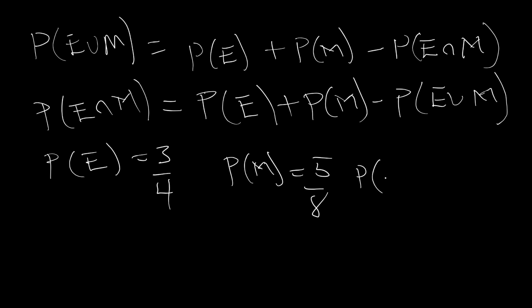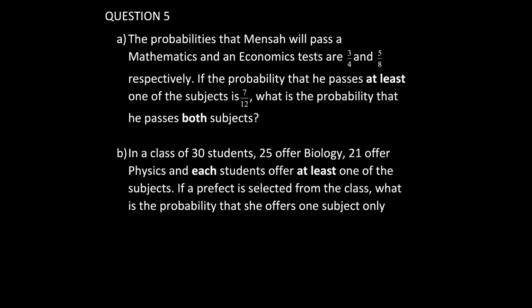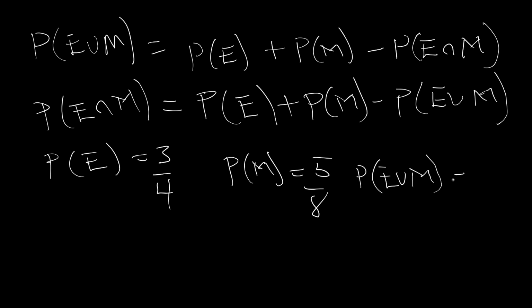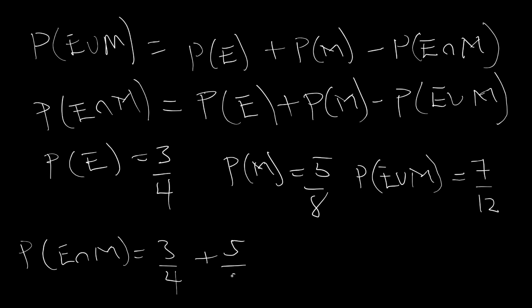And P of E union M, which is the probability that he passes at least one of the subjects, is 7/12. So our P of E intersection M becomes 3/4 plus 5/8 minus 7/12.